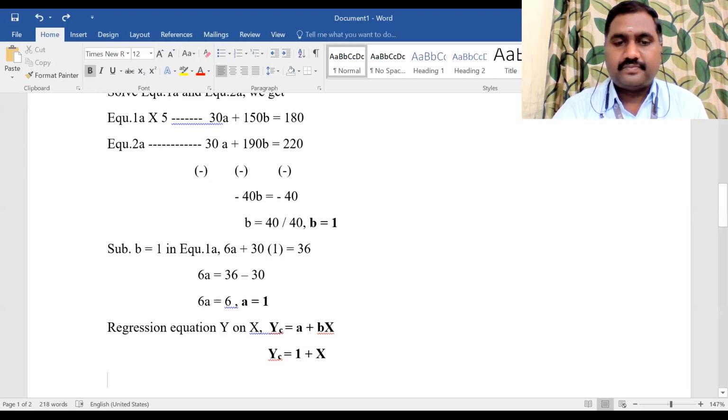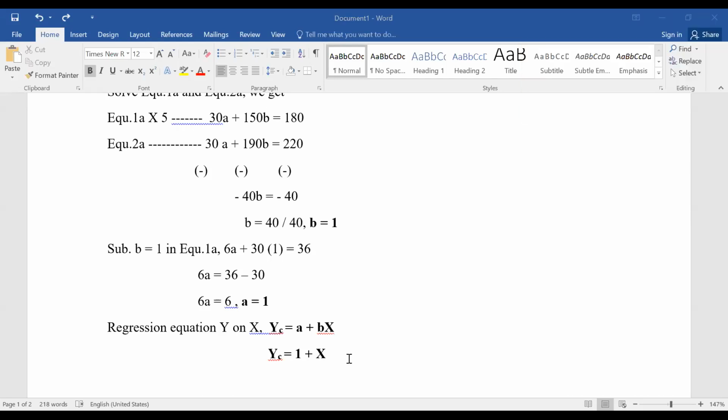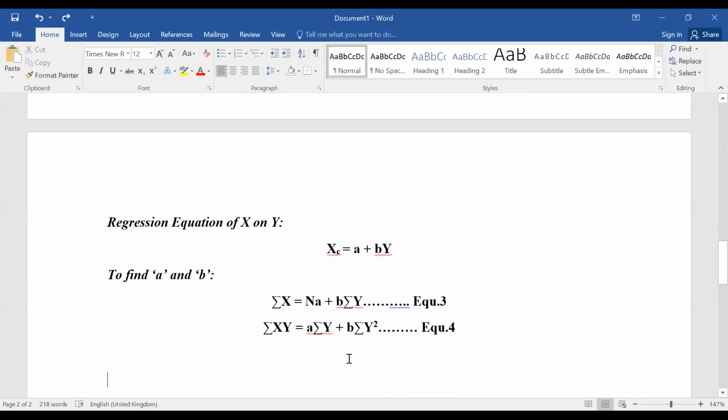Okay, now we'll go to x on y. Again, the same values we need to substitute. We know the x on y equation: x equals a plus by. Now equation 3 will become like this. What is summation x?